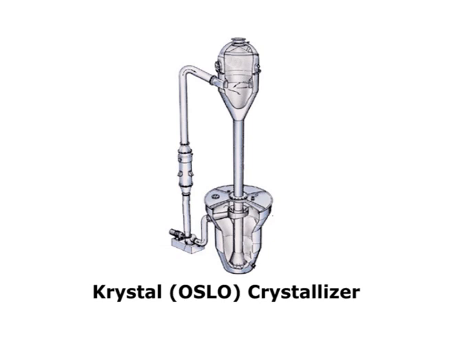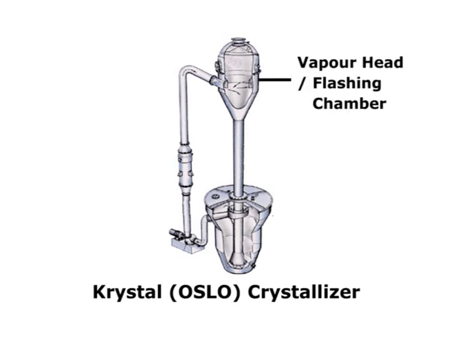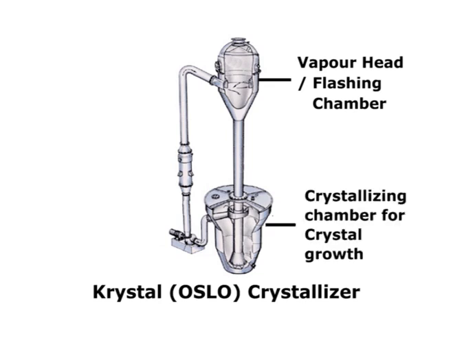In the crystallization chamber, the solution and crystals are maintained in a fluidized state. Crystals of desired size settle down by gravity, and fine crystals along with supersaturated solution are recirculated for further crystallization. It has two chambers: a vapor head flashing chamber, which has a long tube connected to the pump, and a crystallizing chamber for crystal growth.